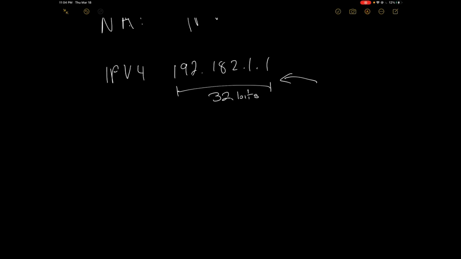There were more machines than IP addresses. So in order to represent more machines, it was proposed that we increase the number of bits from 32 to 128. So IPv6 uses 128 bits as the IP address.